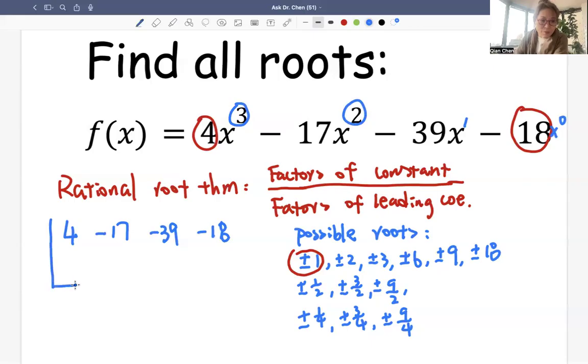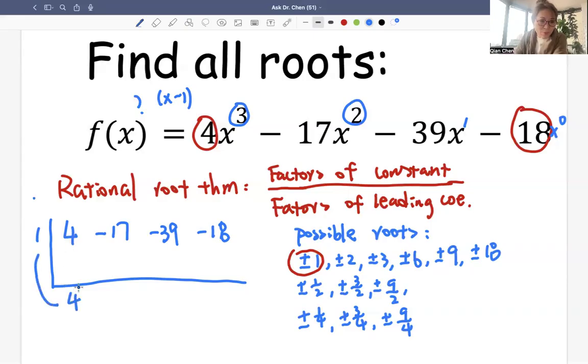Now we're going to try 1. This 1 means we're going to try if x minus 1 is a factor. So we're thinking, can this function be factored with one factor being x minus 1? So put 1 here. First step, we pull this 4 down.